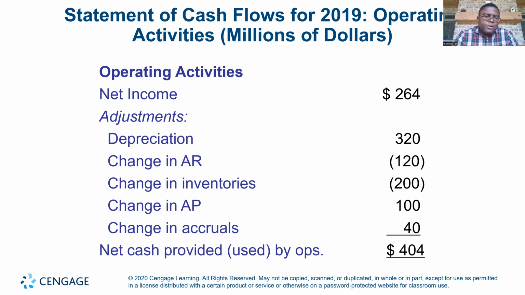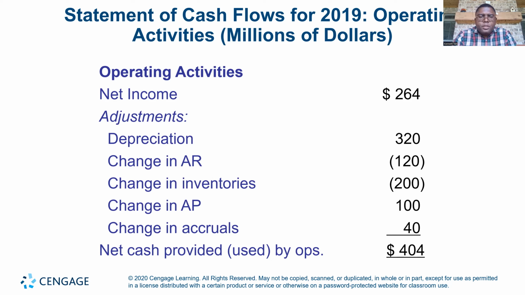The statement of cash flow separates a company's activities into three categories. It looks at cash flow that is generated from operating activities, cash flow that is generated from investing activities, and then cash flow that is generated from financing activity.